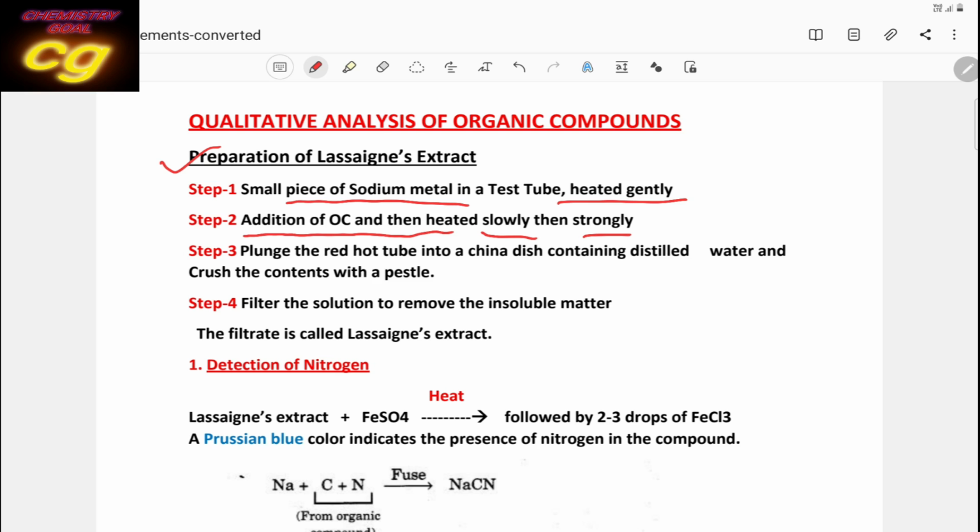Then in the second step, you will add the organic compound to the test tube containing sodium metal, then it will be heated slowly, then strongly.